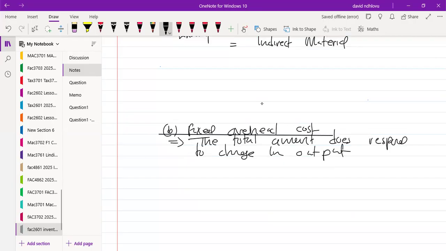Despite changes in output, this particular cost is always going to remain constant. It won't change in line with changes in output like the variable labor cost. This one behaves differently from that. It doesn't change. Right, I'll give you the example of a rent expense.